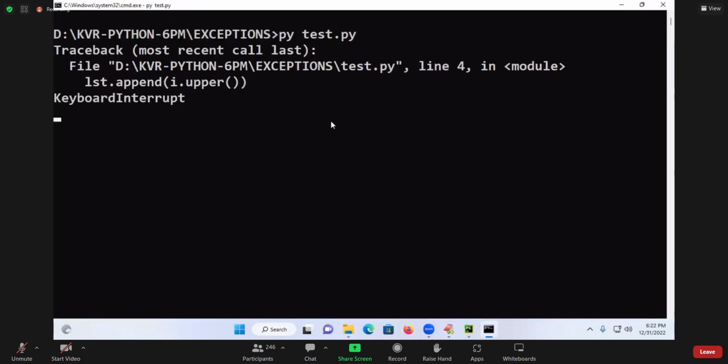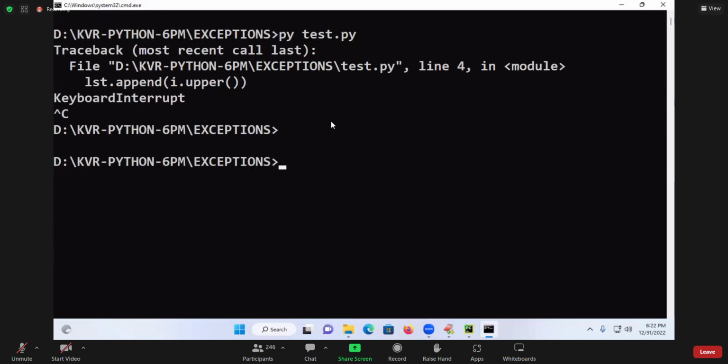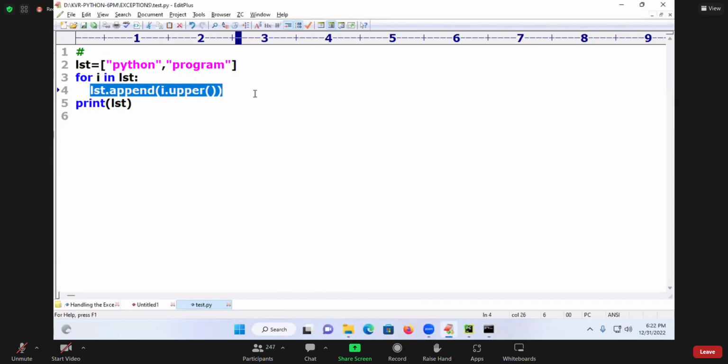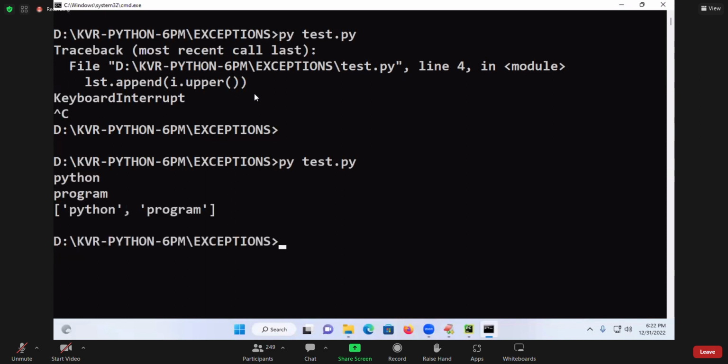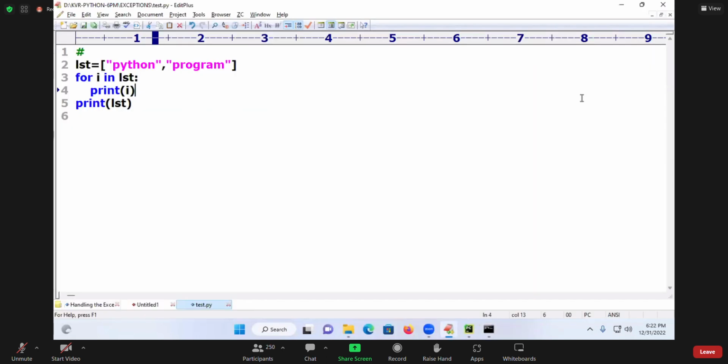Just one thing, is it an infinite loop or what? Print of i.upper.